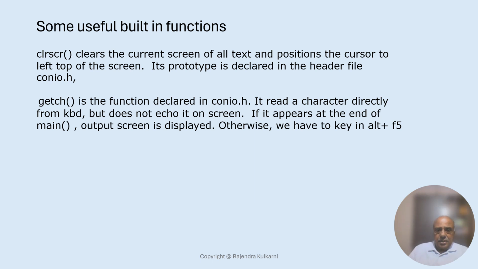It reads a character directly from the keyboard, but does not echo it on screen. If it appears at the end of main, the output screen is displayed. Otherwise, we have to press Alt plus F5 to see the output screen.